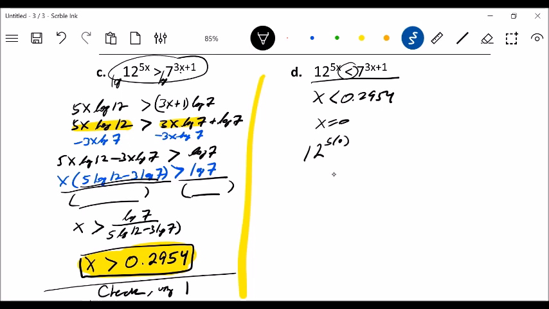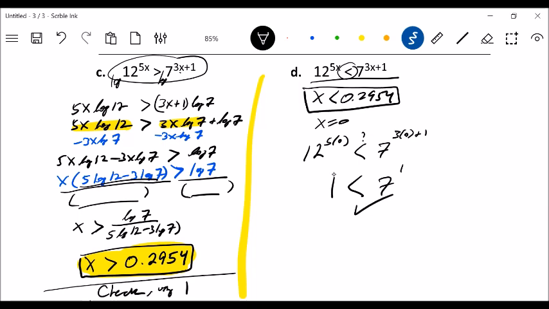Is 12 to the 5 times 0 actually less than 7 to the 3 times 0 plus 1? Well, 5 times 0 is 0, and 12 to the 0 is 1. Is 1 less than 7 to the first power? 1 is indeed less than 7. That's true. Therefore, this is correct.